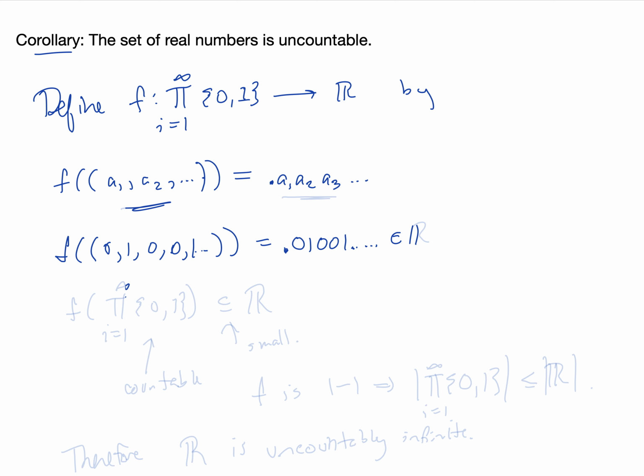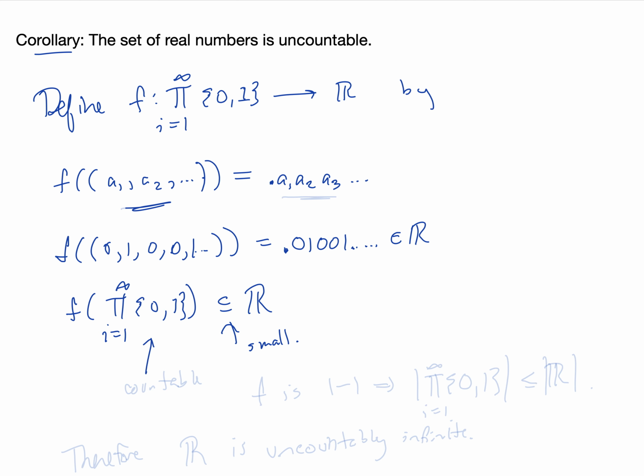Since this is a real number, that tells us that the image of this Cartesian product, i equals 1 to infinity of {0, 1}, is a subset of the real numbers. In fact, a really small subset of the real numbers. It's only decimals that only have zeros and ones in their expansions, all values between 0 and 1 on the real number line. So it's a very small subset of the real numbers.